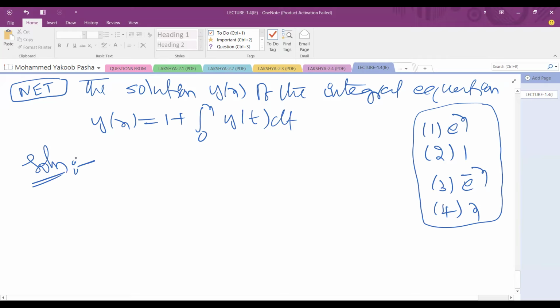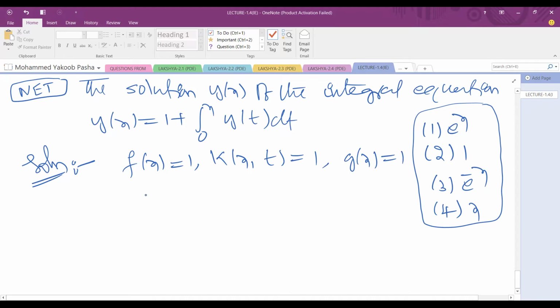First I'm writing the result. f of x is 1, k of x comma t, that is the coefficient of y of t, is 1. And what is g of x here? When k of x comma t is 1, what about g of x? 1, g of x is 1 only.